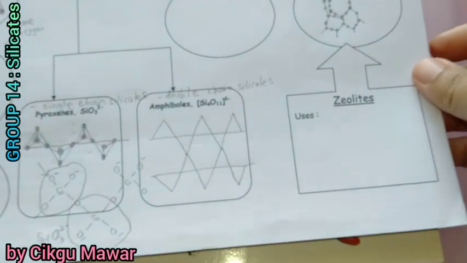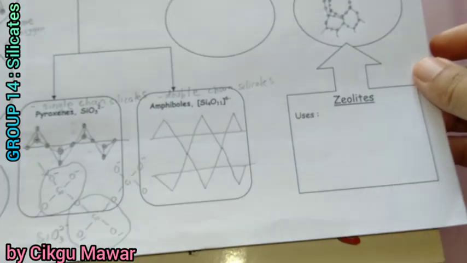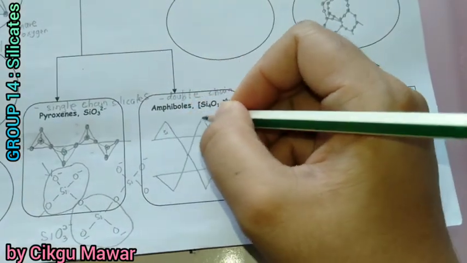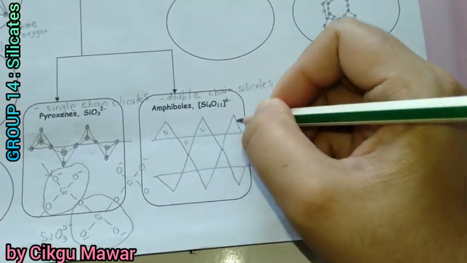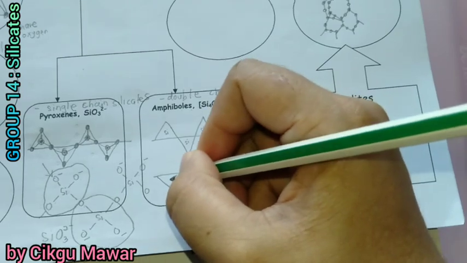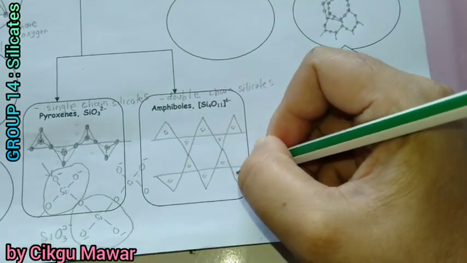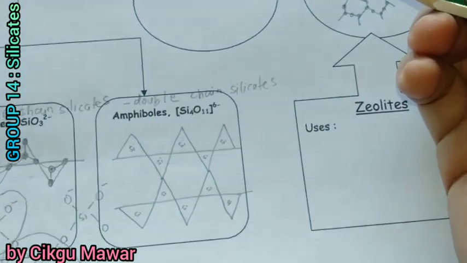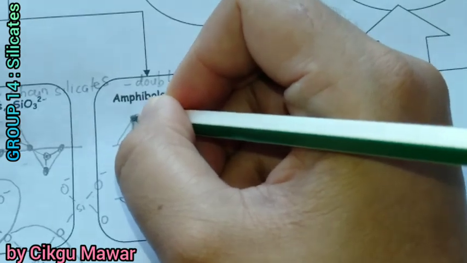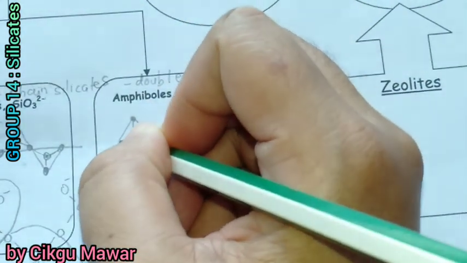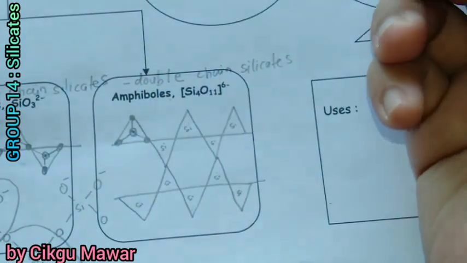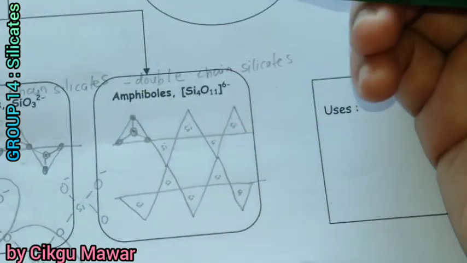So the basic shape you have done. Then continue by filling up the atoms. The center ones are silicon, silicon, silicon, silicon, silicon. Each silicon must be bonded by 4 oxygen, including the oxygen at the back side.